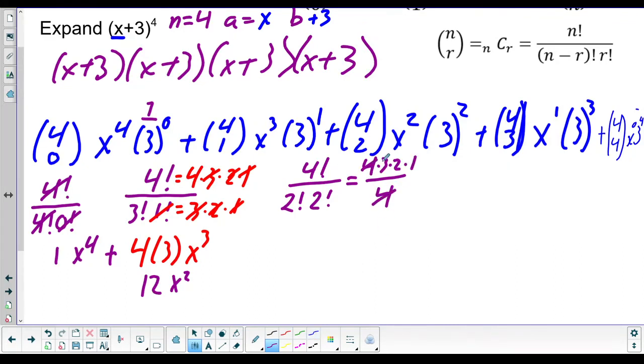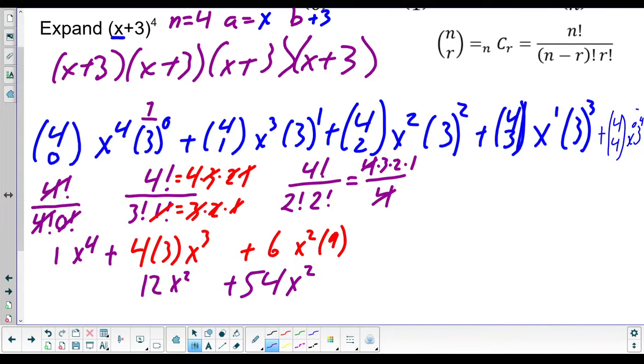So the 4's cancel. 3 times 2 is 6 times 1 is 6. So this is going to be plus 6. So we got our 4 choose 2. Then we have our x squared. And we have 3 squared is 9. All right, cool. 9 times 6 is 54, bring down our x squared. There we go. We've got our first 3 terms.